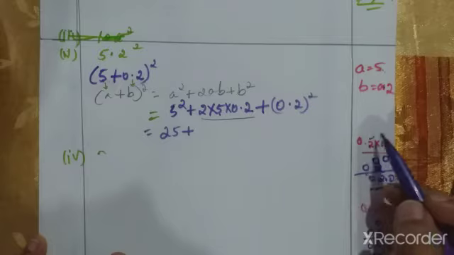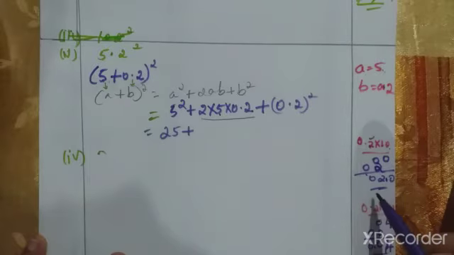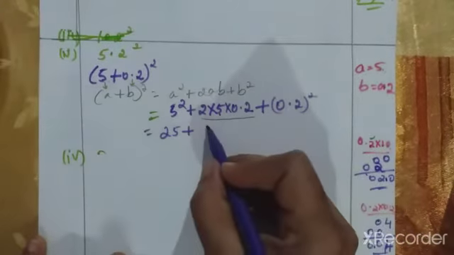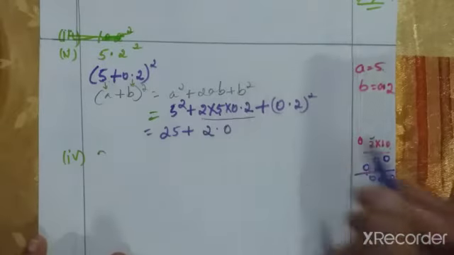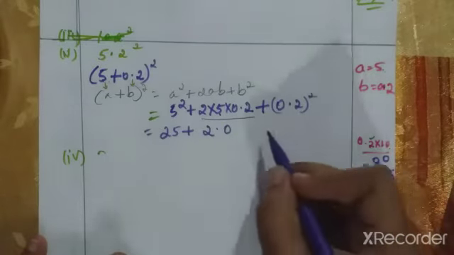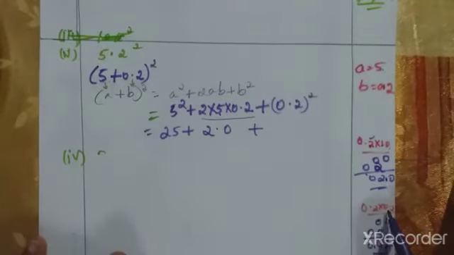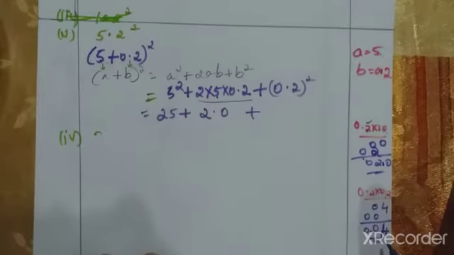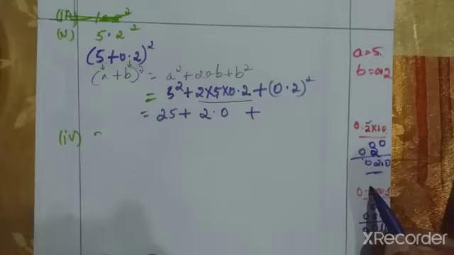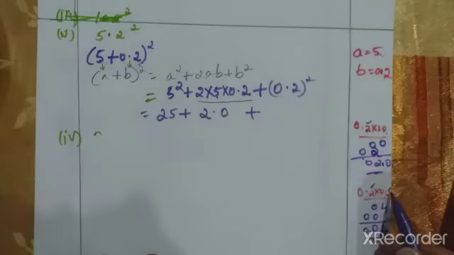2.0. After 1 digit, point. So in the answer, after 1 digit, point. Here we can write 2.0 or 2, they are one and the same. Plus 0.2 whole square means 0.2 into 0.2, we have to multiply 2 times. 0.2 into 0.2 means the answer is 004. So after one digit point, plus 1, means after 2 digit point.